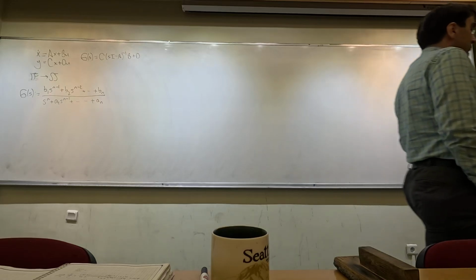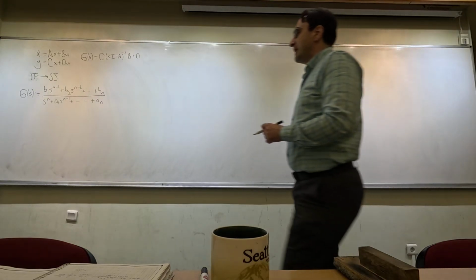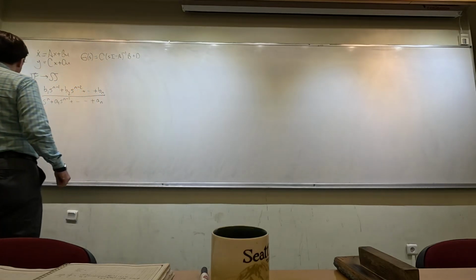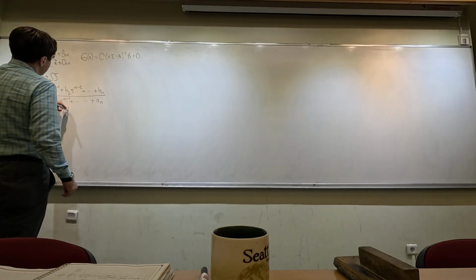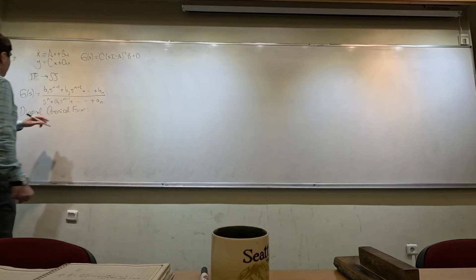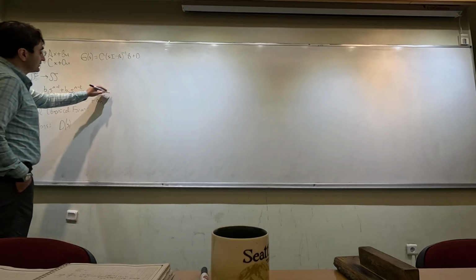The first important state space representation that we saw was called diagonal canonical form. In this case, we have written this G(s) in a partial fraction expansion. We made the following assumption. I have seen that D(s), the denominator, and N(s), the numerator.